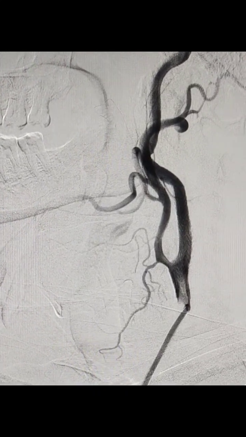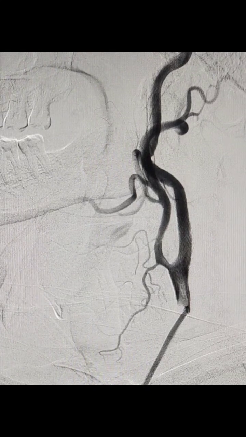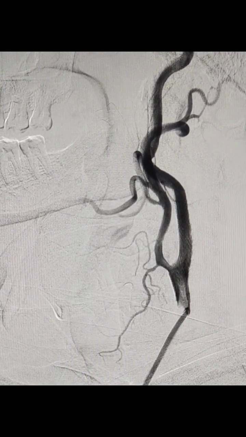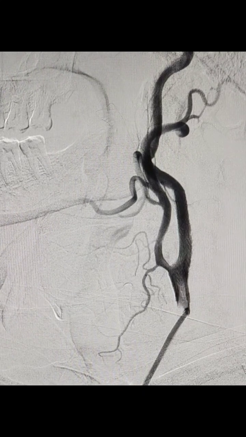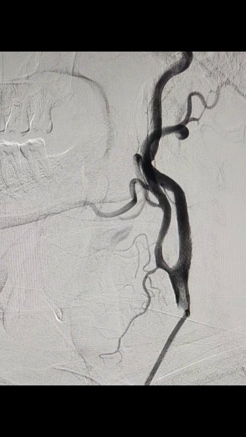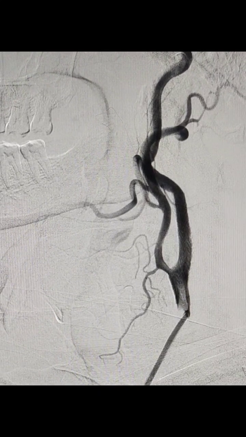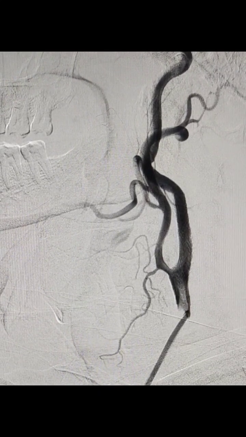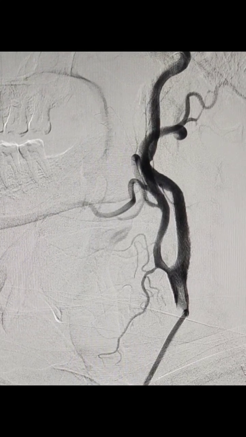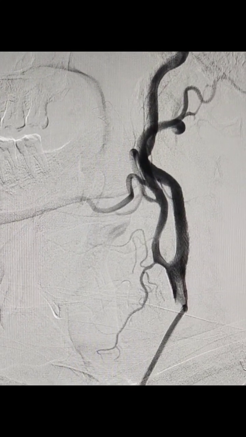It was a 1 hour procedure with a JR guide catheter with the 014 wire with the distal embolic protection device, and the access was from the femoral route. The sheath we used was around 7 French, and we exchanged it then with 8 French.